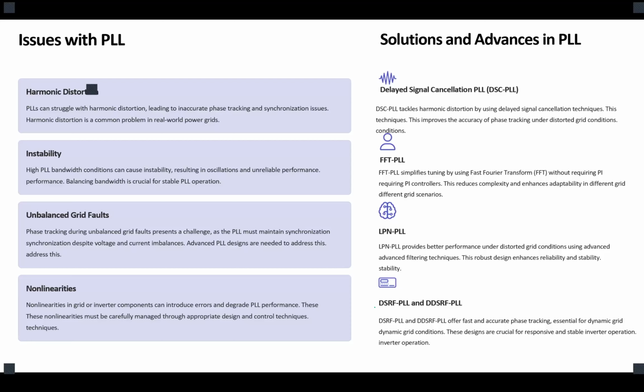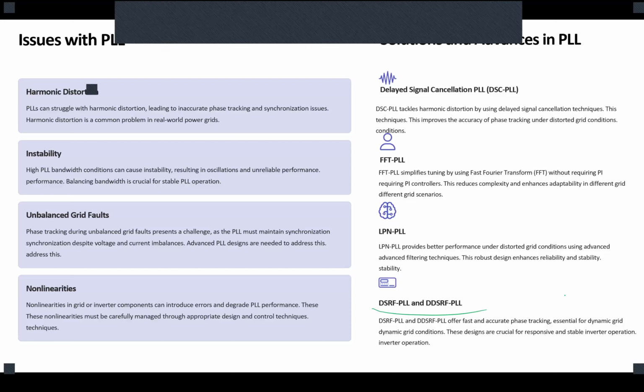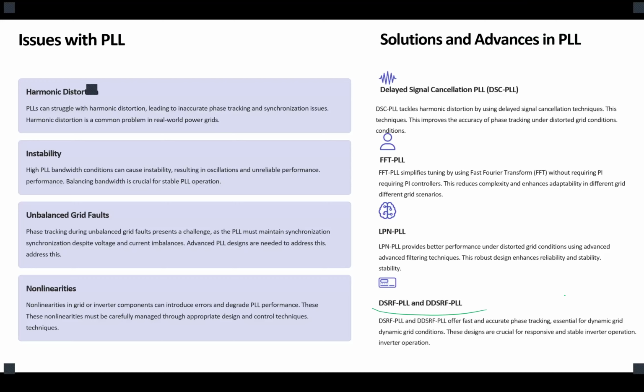And methods like this DSRF PLL and DDSRF PLL are the ways to go. Now, any questions so far? These are just mentioning the problem and possible solutions.